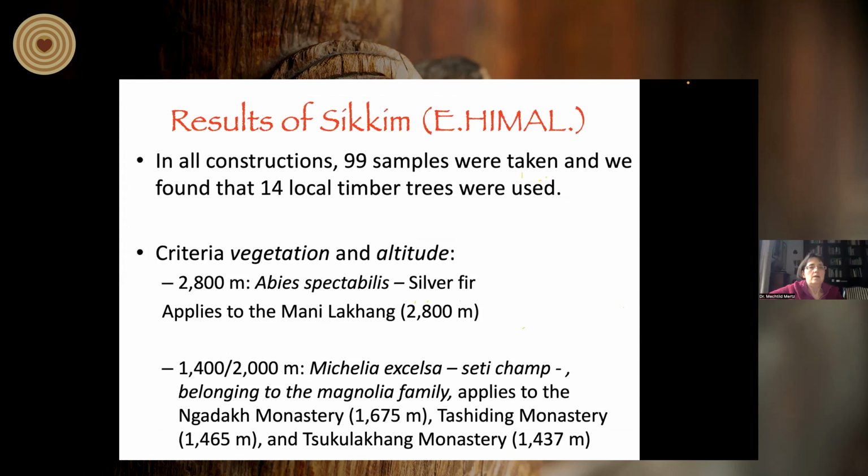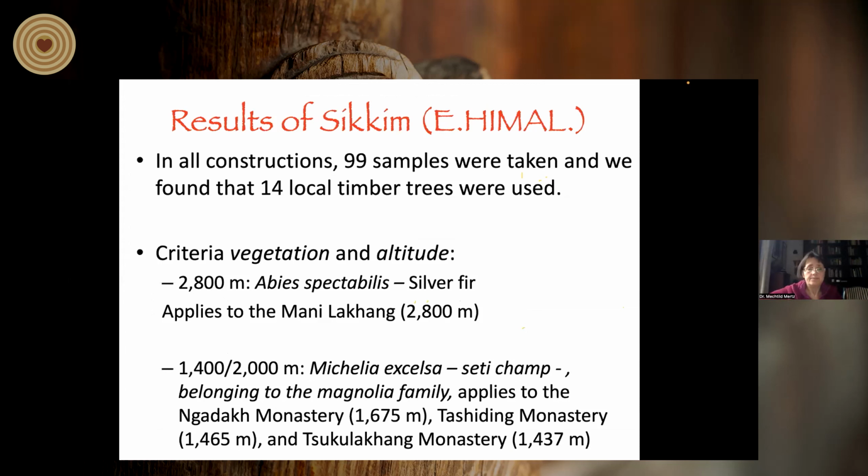So now we return to Sikkim, and in all constructions, 99 samples were taken, and we found out that 14 local timber trees were used. The criteria were vegetation and altitude.